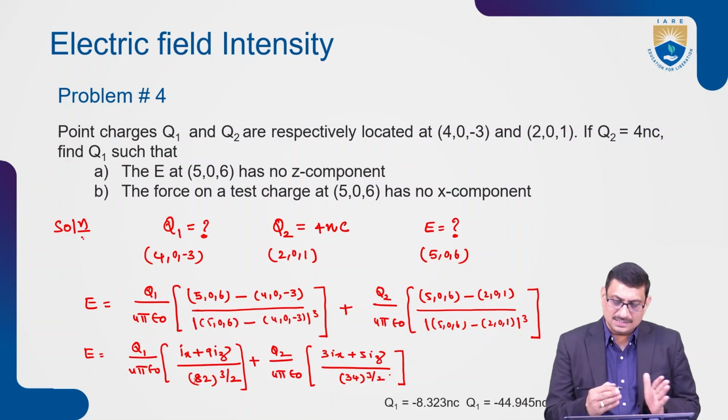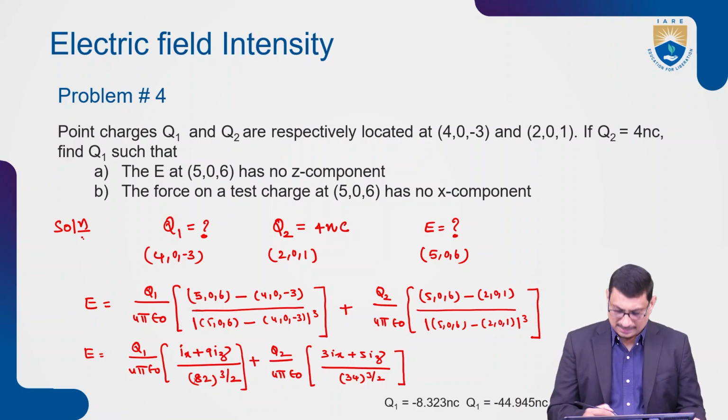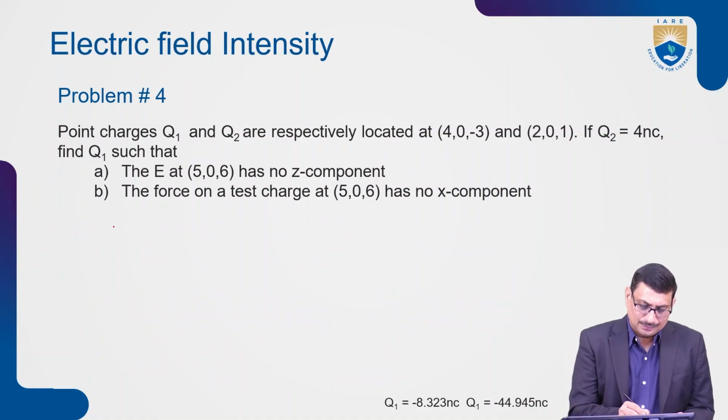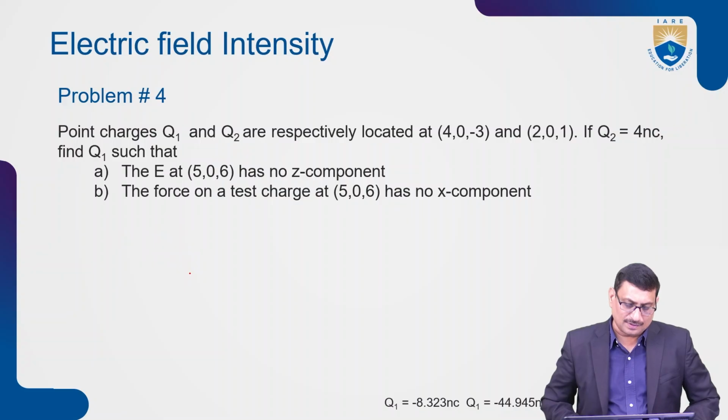And I will write in this expression what are the X components as well as the Y components. Now E equal to 1 divided by 4 pi epsilon naught is common in both the cases. Let us see what is the X component in the first case.